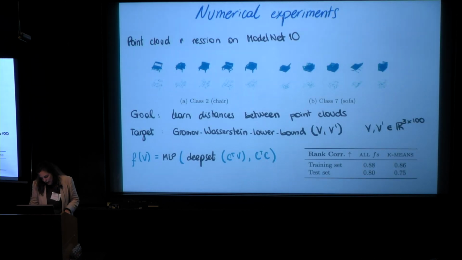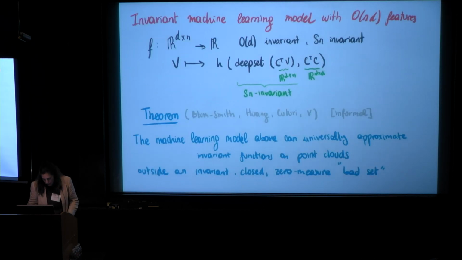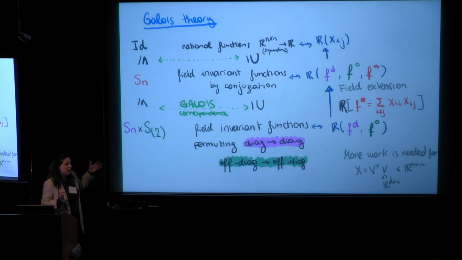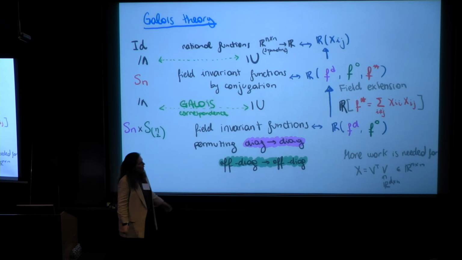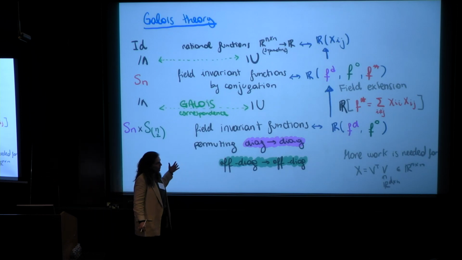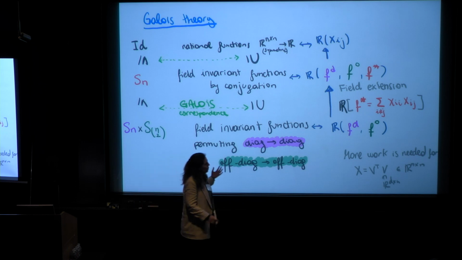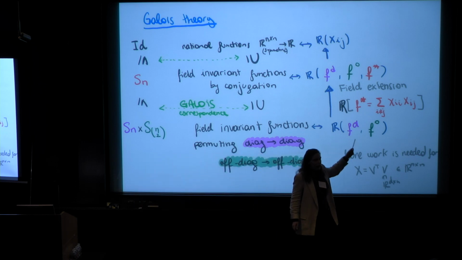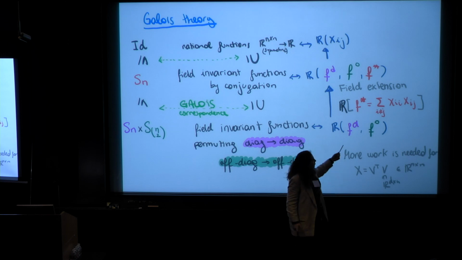But maybe something that I should mention about these models is that if you are going to use the mathematical definition of these models based on just the invariant theory, you would use the symmetric polynomials on the diagonals and the off diagonals, and then you add another polynomial. These are polynomial functions on n choose 2 variables, which are the variables that define the symmetric matrix. In practice, we don't do that. We use deep sets.